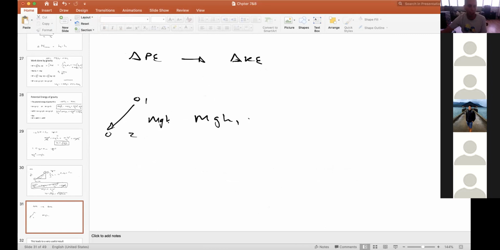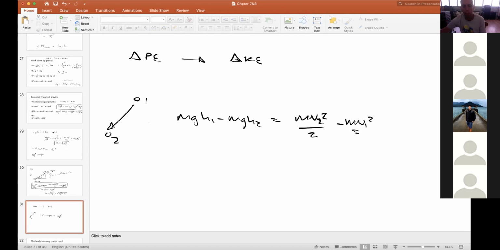So mgh1 minus mgh2 is mv2 squared over 2 minus mv1 squared over 2.